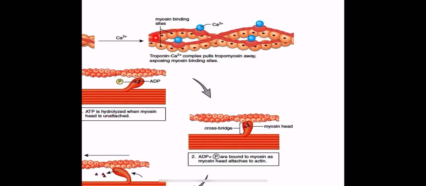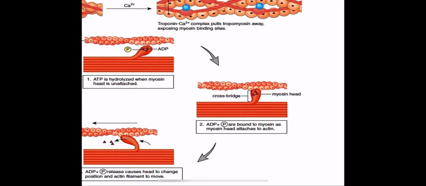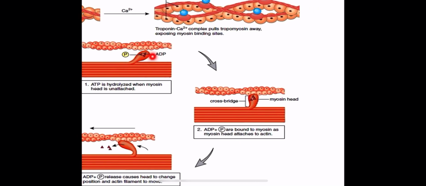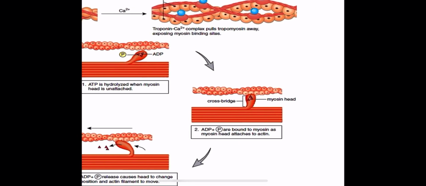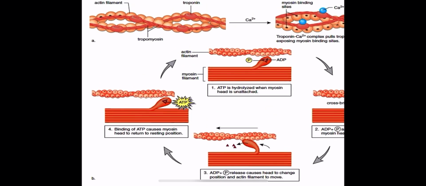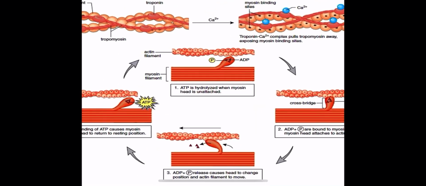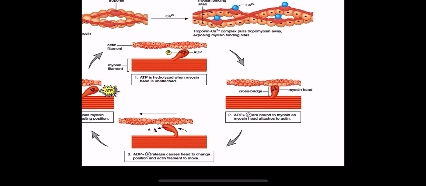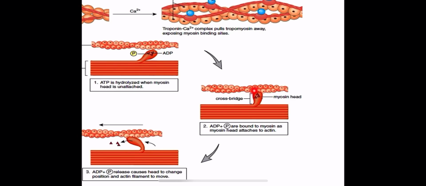The calcium will start to bind to this regulatory protein to make it loose and to let the actin binding site, here it is, free for the myosin to bind to it. After binding of myosin to the actin, the myosin will start to pull actin like that.